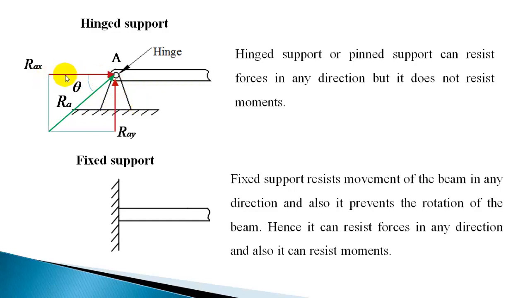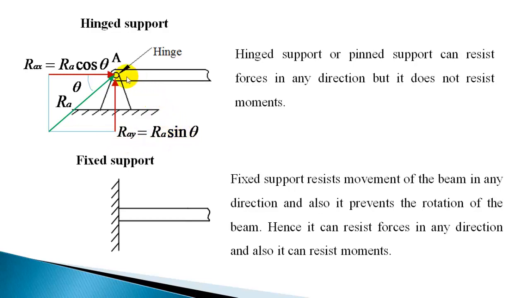So you may take it as RAX instead of RA. Removing this RA, you can resolve it into components RAX and RAY. Now RAX is RA cos theta and RAY is RA sin theta.